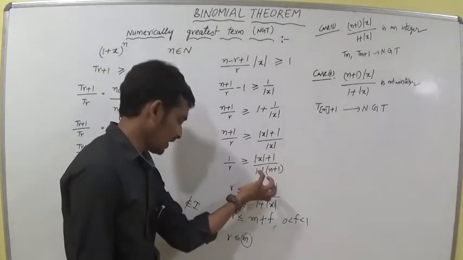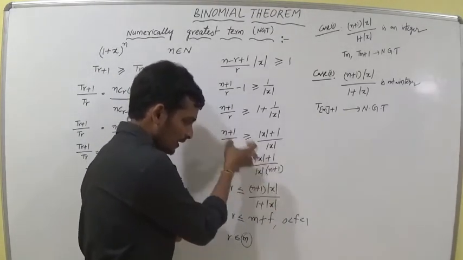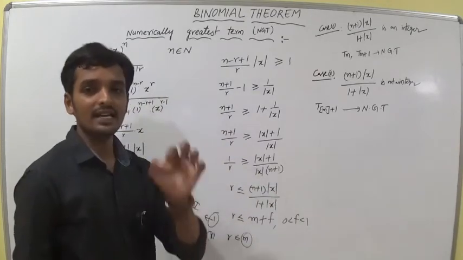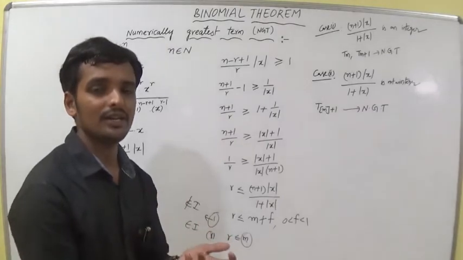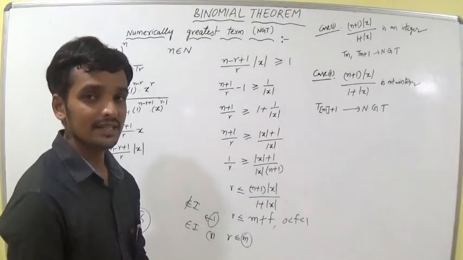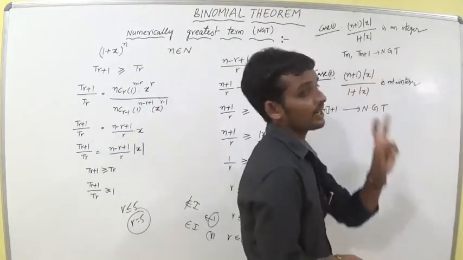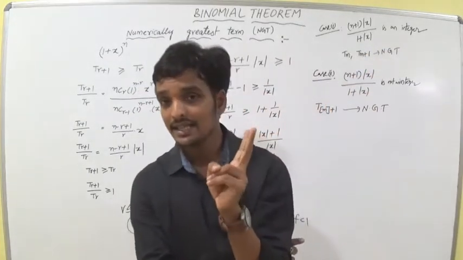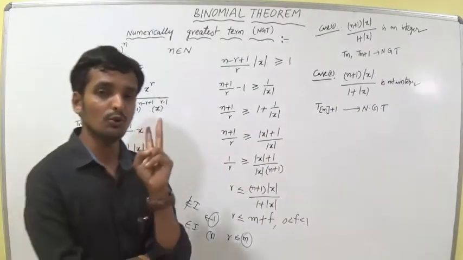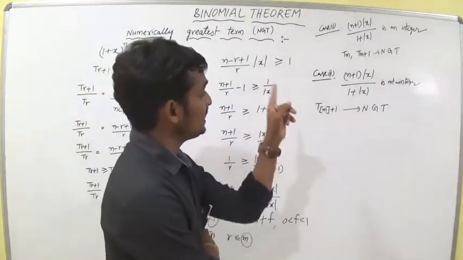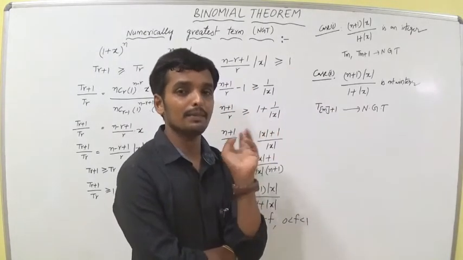This value is either an integer or not an integer. If it is an integer, we are getting 2 terms that are numerically greatest terms. The 2 numerically greatest terms are Tm and Tm plus 1.